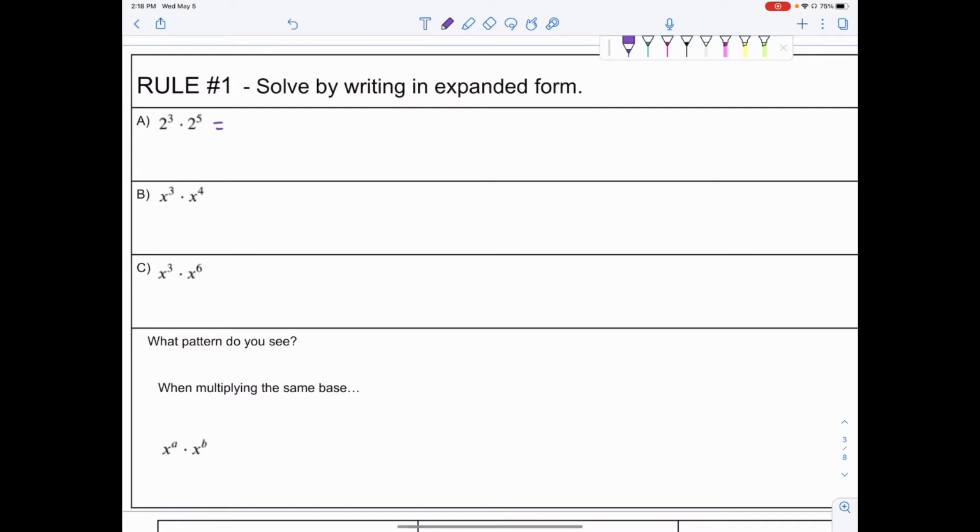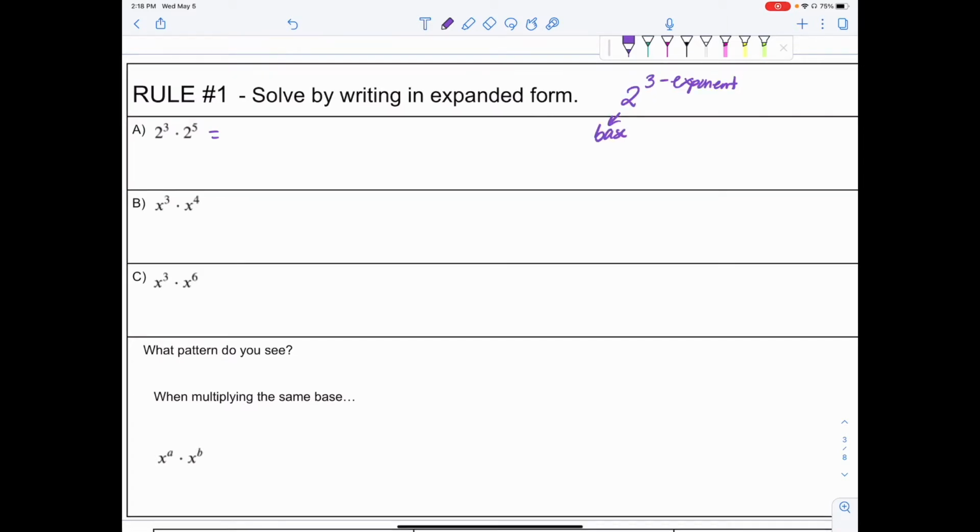So 2 to the third times 2 to the fifth. If I wanted to write 2 to the third, remember 2 would be the base, 3 is the exponent. 2 to the third means that 2 would be multiplied by itself 3 times. So if I were going to write problem A out the long way, 2 to the third is 2 times 2 times 2.